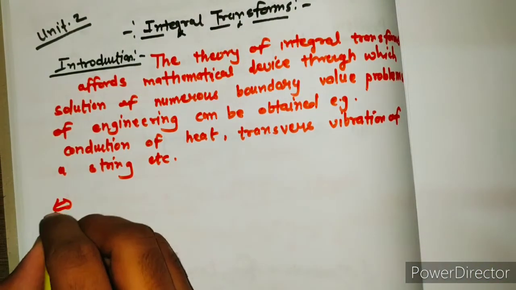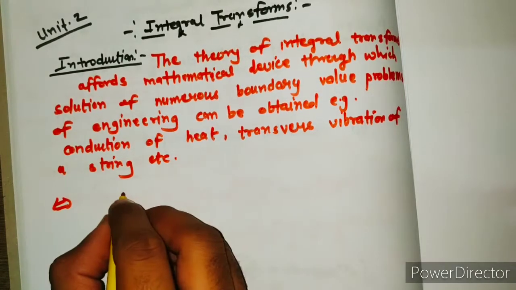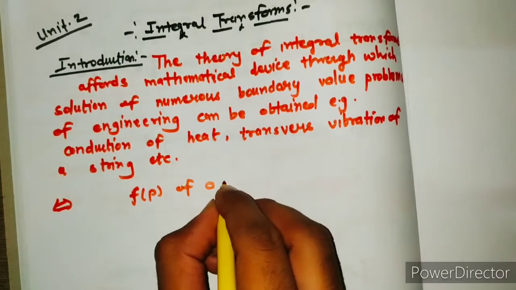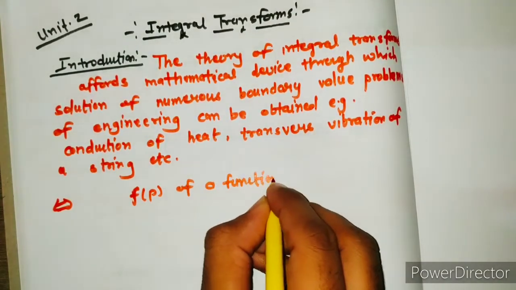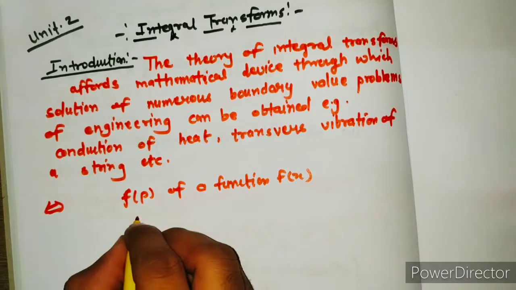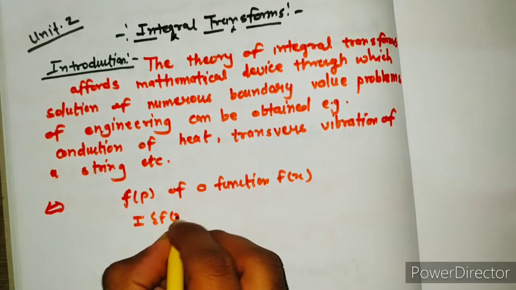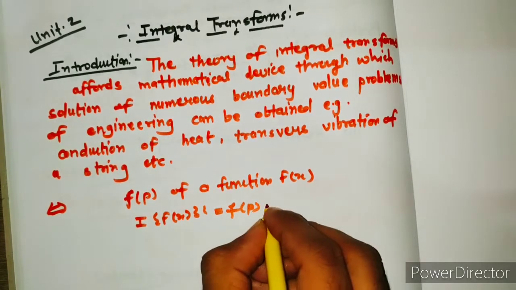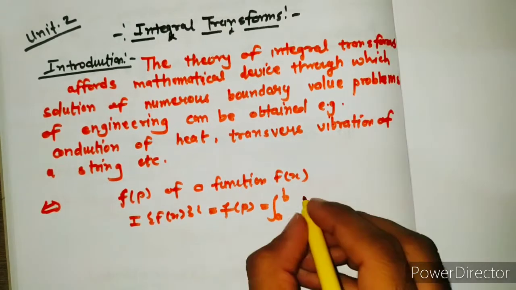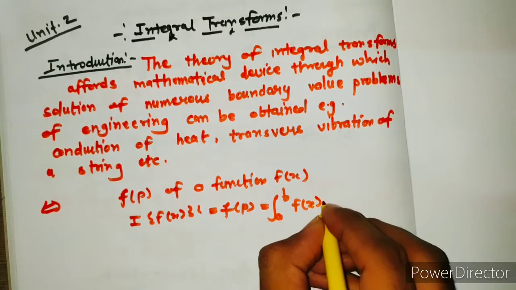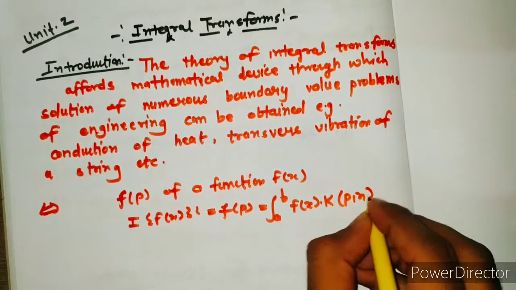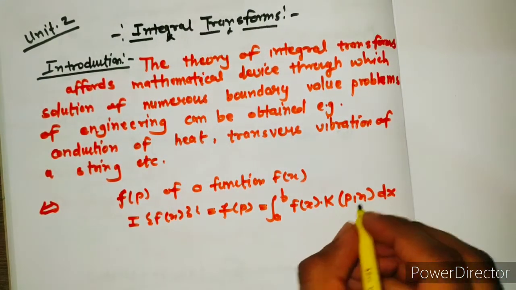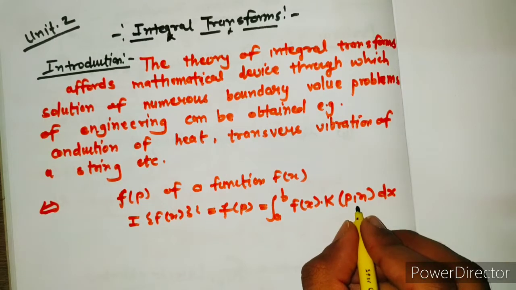Also, we discuss the basic definition. The integral transformation of a function f(x) is defined as I[f(x)], also written as F(p) equal to the integral from a to b of f(x) K(p, x) dx. K(p, x) is known as a function of p and x.